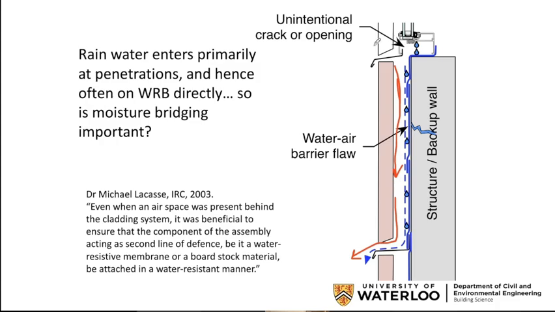In most cases, water is penetrating at gaps and joints unintentionally, but the classic ones are around balconies, air conditioning ducts, windows, doors, pipe penetrations, all that stuff. And as a consequence, water often ends up on the support structure anyway.